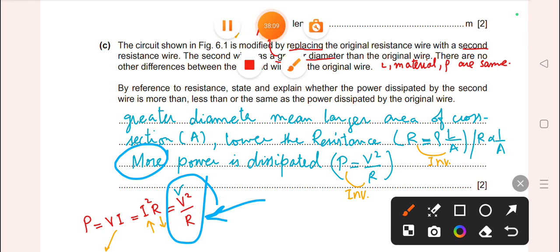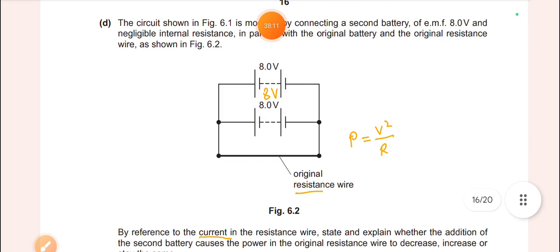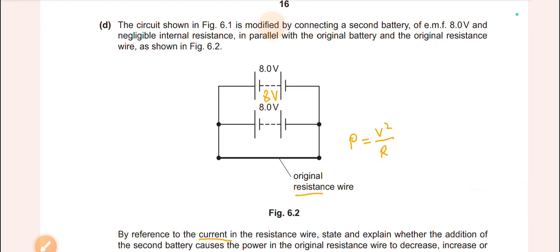Next, it modifies the circuit, and now there are two 8 volt batteries connected in parallel. In parallel, the voltage stays the same. So when two batteries are connected in parallel, the total voltage will remain the same, 8 volt. The total voltage is not going to change.